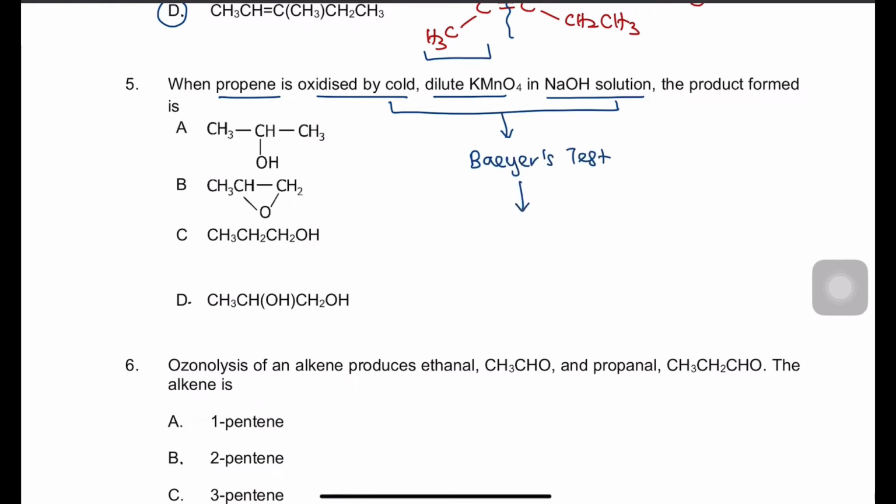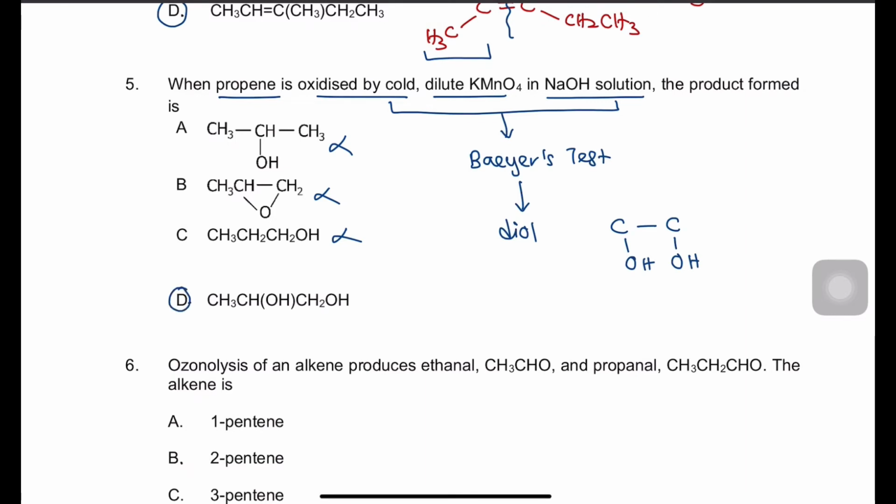The product of the Baeyer test must be a diol. So this should give you a good indication to search for a compound that has two hydroxyl groups adjacent to each other. So A is wrong, B is wrong, C is wrong. Definitely the answer is going to be D.